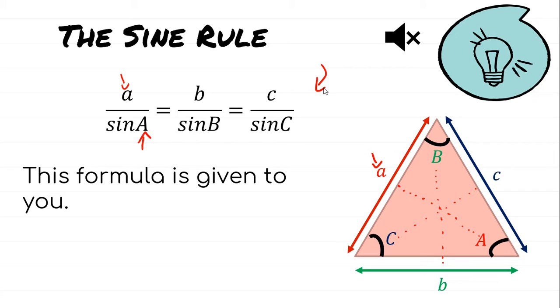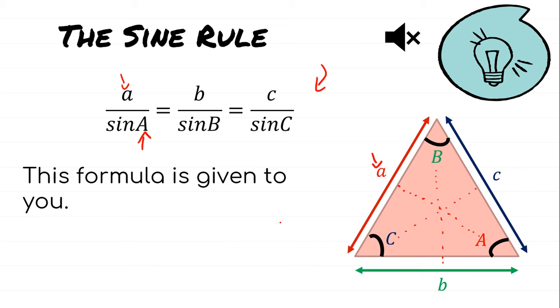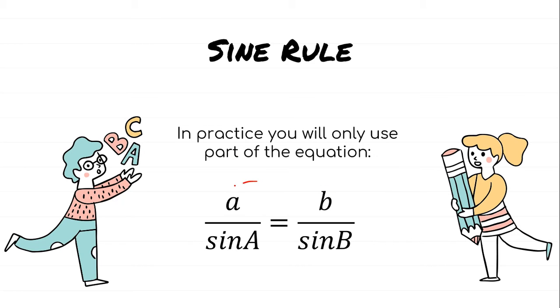Okay, and again, this sort of thing's probably easier when you actually see it in action. One thing to say is in practice, you will probably only use this bit of the equation. So this thing here that you're given in the test, this is true, but the way you're actually going to use it is you're just going to look at this first bit. A over sine A equals B over sine B. That's going to get the job done for you.